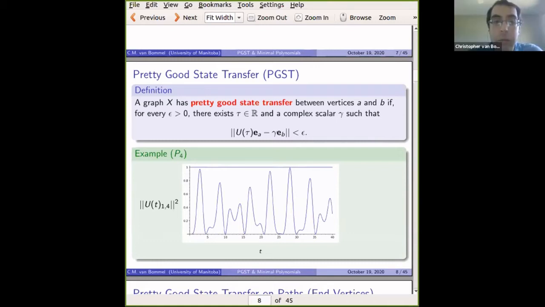And what does that mean? It means that no matter how close we want to come, there's some time interval we can allow the system to run that we get within that probability of transfer. And so as an example, we can see this phenomenon on a path of length 4, where there's specific times where we're approaching this line of perfect transfer at 1, but we're not actually hitting it.